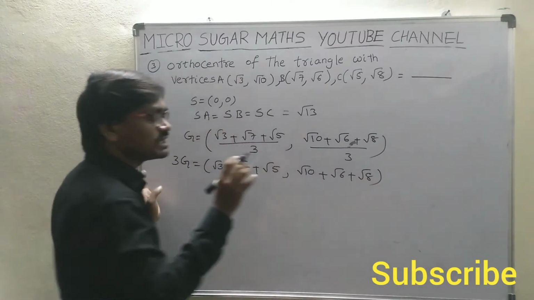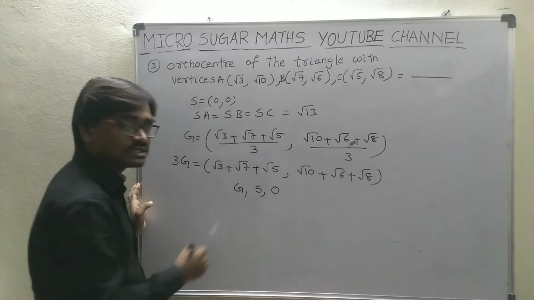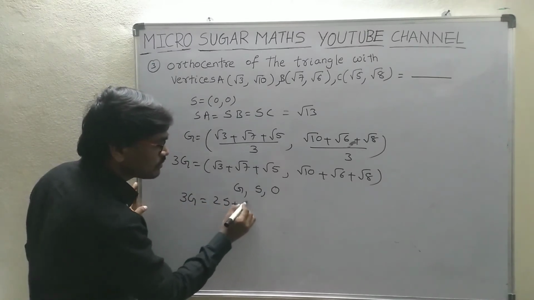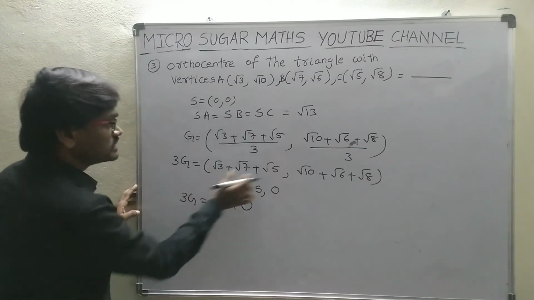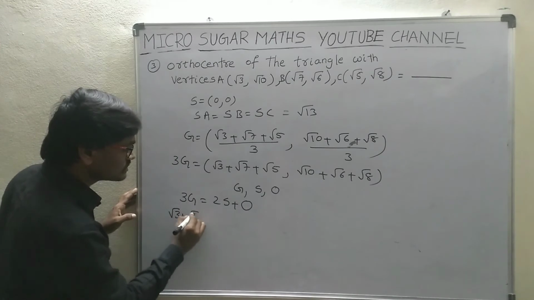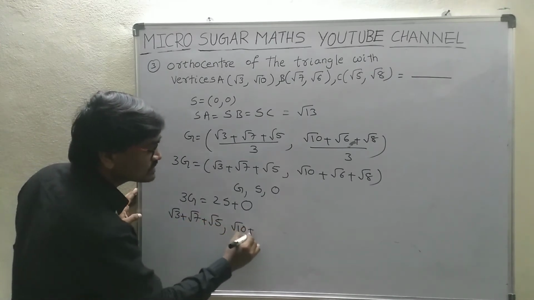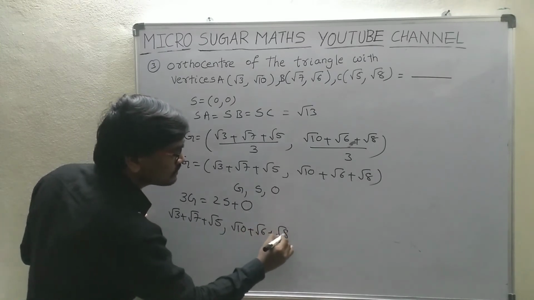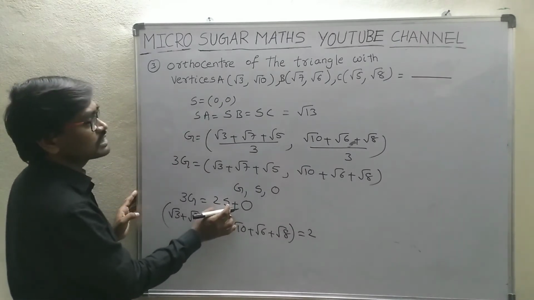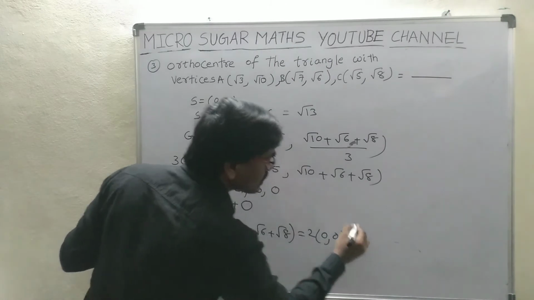Now students, what is the relation between centroid, circumcenter, and orthocenter? It is 3G is equal to 2S plus O. Write down 3G. What is your 3G? The 3G is (root 3 plus root 7 plus root 5, root 10 plus root 6 plus root 8), which is equal to 2 into the circumcenter (0, 0) plus the orthocenter.